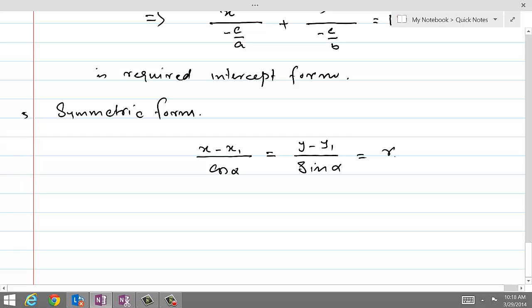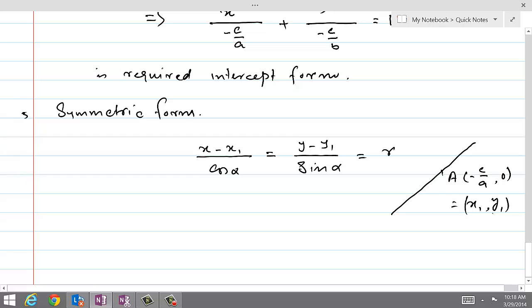So we need to find the values for sin alpha and cos alpha, but (x1, y1) is a point on the line, and we can take A as a point on the line. So what were the values for (x1, y1)? Those were (minus c over a, 0). This can be taken as (x1, y1), any point on the line.